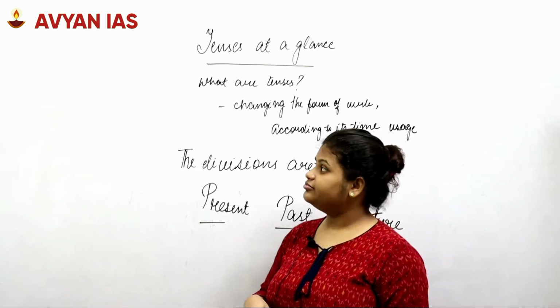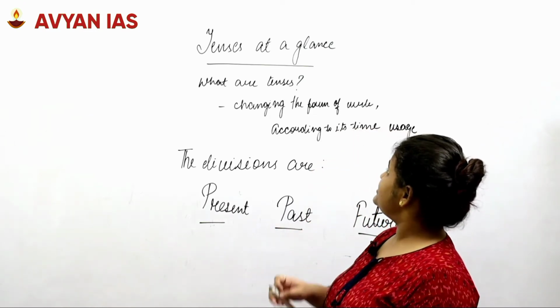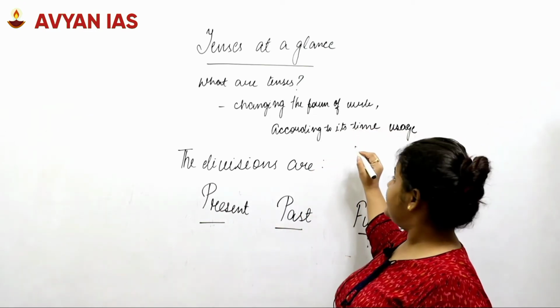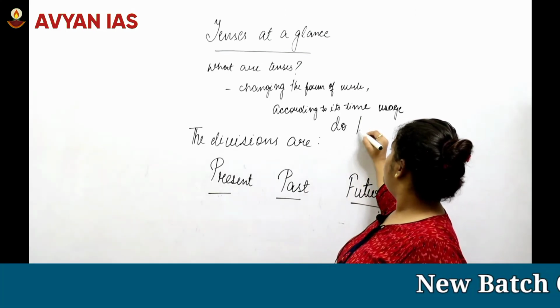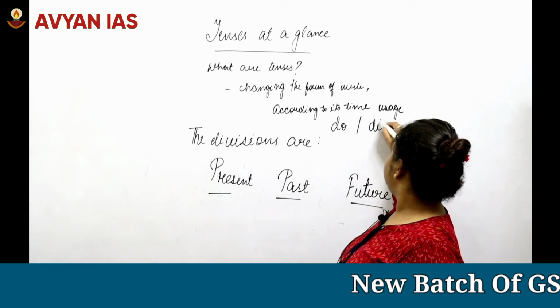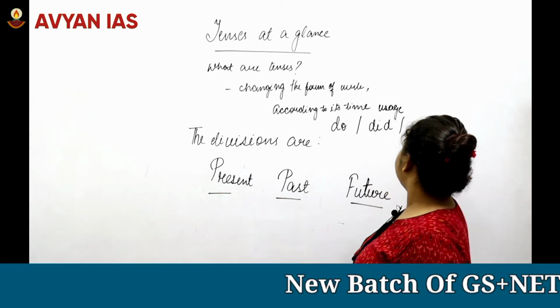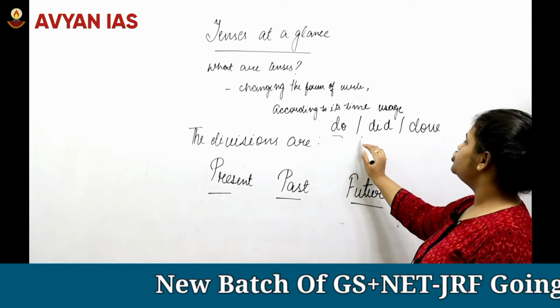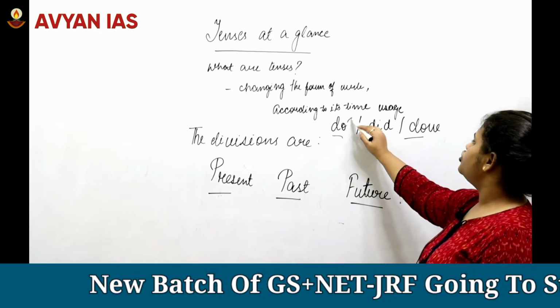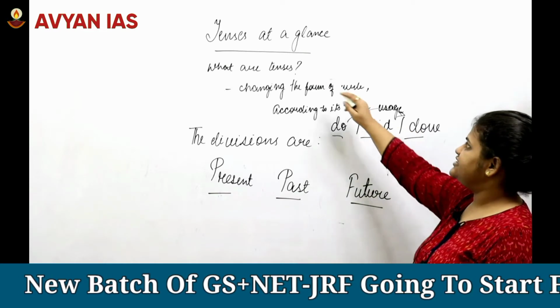So, for example, what is the easiest way of understanding tenses is, for example, there is a verb do. The past, then it would be did and done.